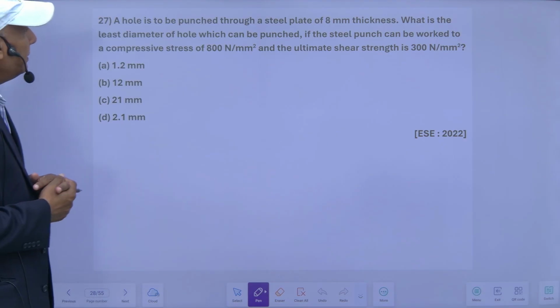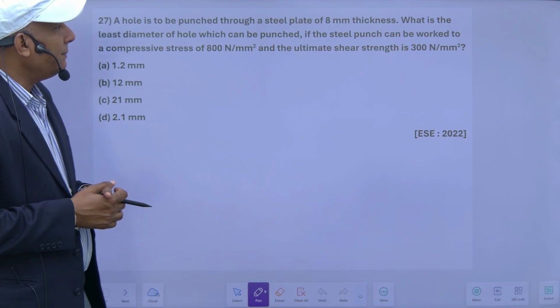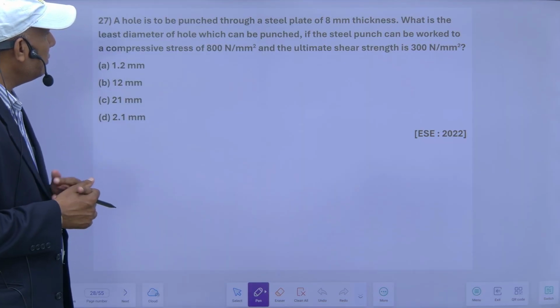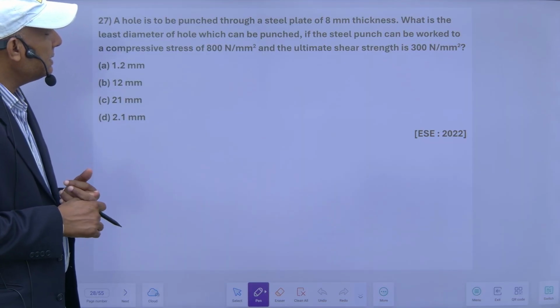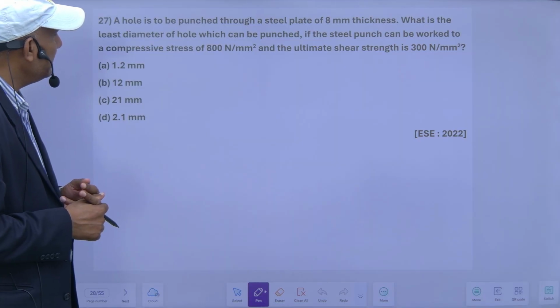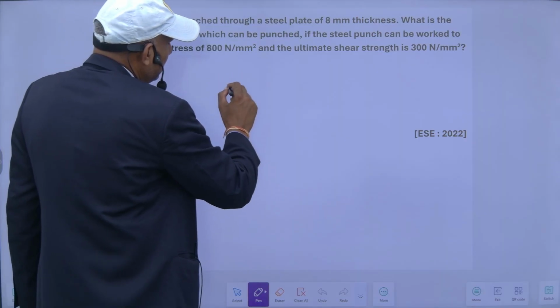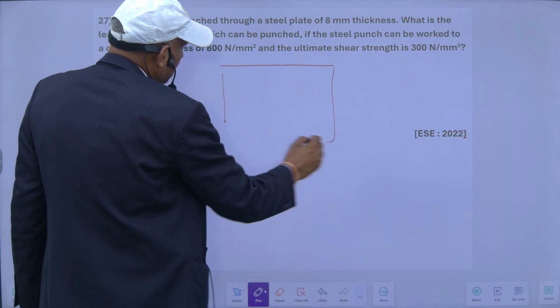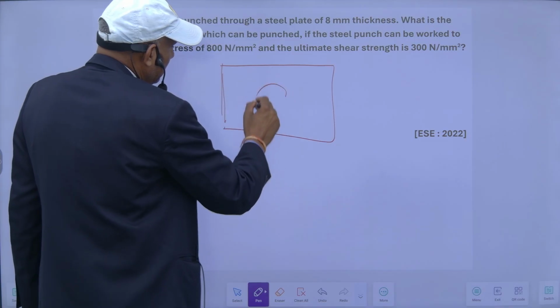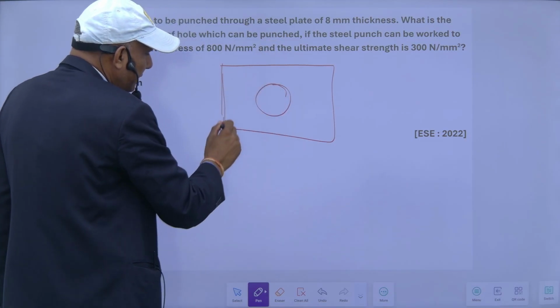A hole is to be punched through a steel plate of 8 mm thickness. What is the least diameter of the hole which can be punched if the steel punch can be worked to a compressive stress of this one? So this is the plate. Due to punching, you are making a hole.